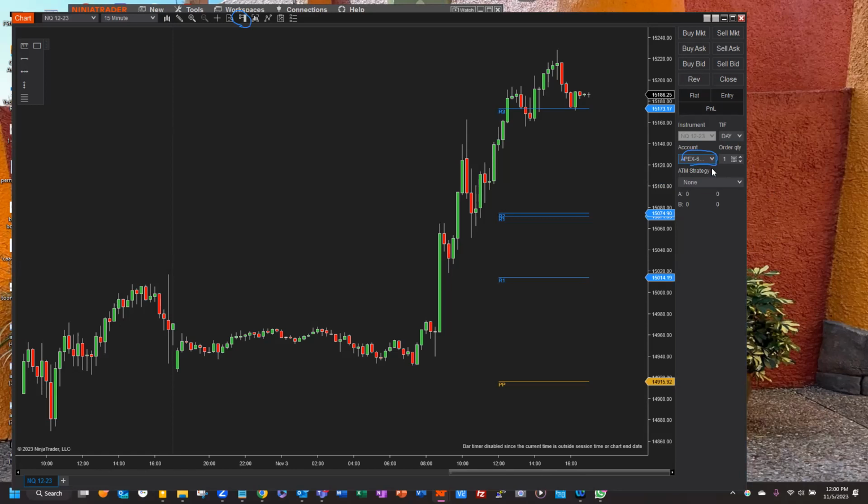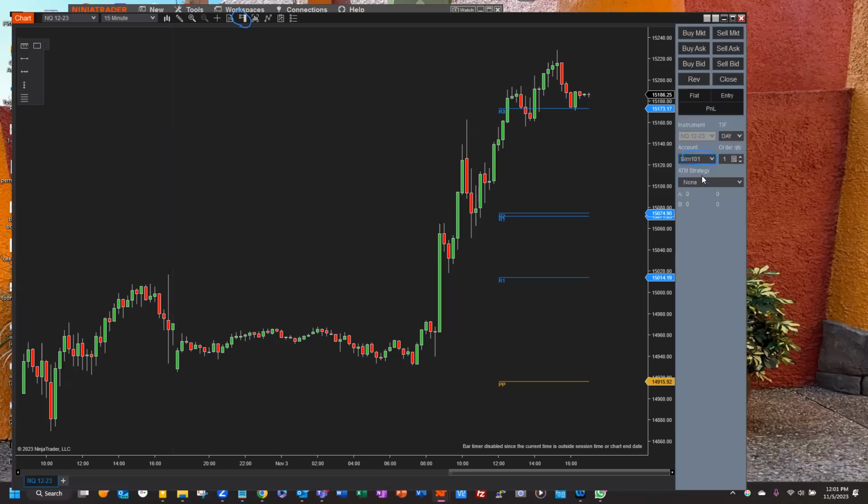So when your background is dark like this, which you won't have yet because you're in simulation, talking to Dwayne there, when you have everything set up, Eric and Dwayne, if you're live, this is how your chart will look. It'll be a black background. So don't get confused thinking you're in a simulation trade and you see this, putting the trade on, you're live, real money here. So go back to simulation. And you know you're in sim when it's in blue.